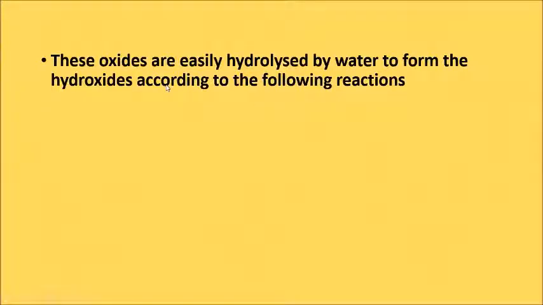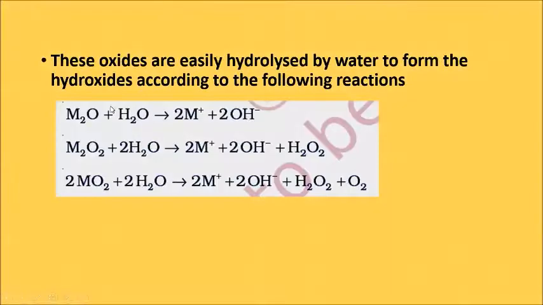Hydroxides. When they come in contact with water, they form hydroxides, as in the equation: M2O, that is monoxide, when it reacts with water gives you 2M plus 2OH minus. That is, sodium hydroxide or potassium hydroxide formation is there.